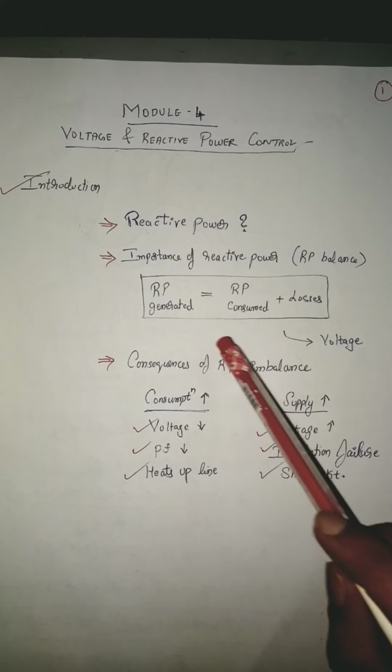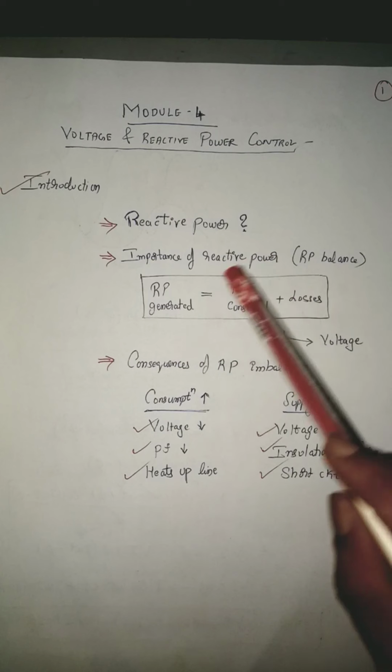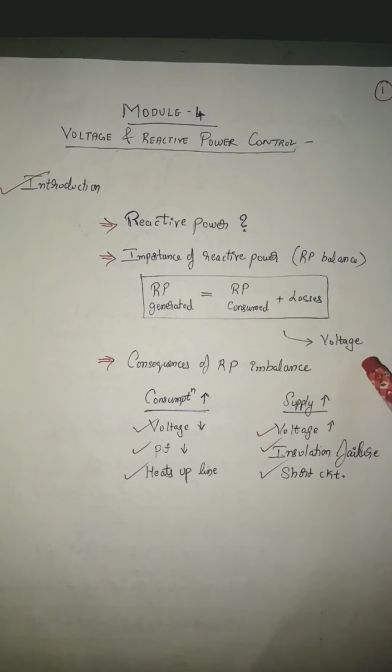See, this reactive power balance has a major impact on the system voltage. In the earlier module, we studied about active power balance and it has an impact on frequency. Whenever there is an imbalance in the active power, frequency is going to change. That is, the load and generation, if there is an imbalance, it will affect the frequency.